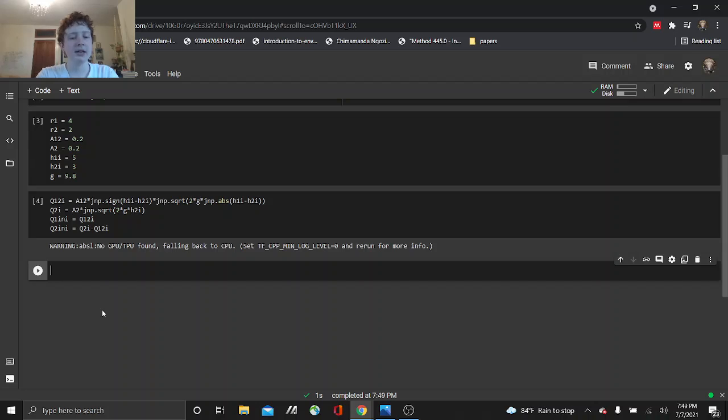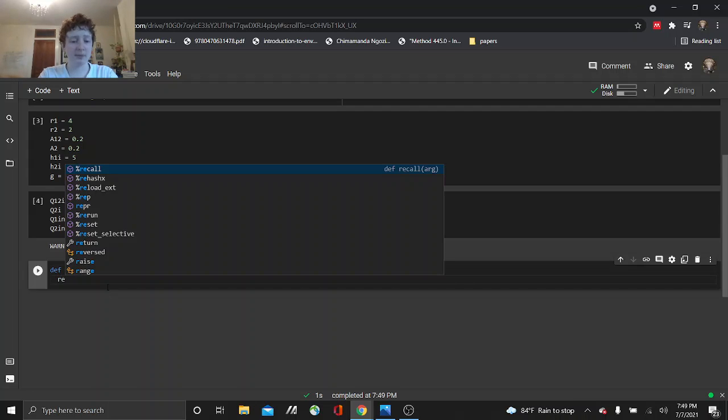Okie dokie. Now that we've got that information, I talked about how we were able to get the differential change in height with respect to time by dividing the differential change in volume of the spherical tank with respect to time. So let's go ahead and define that cross-sectional area of the tank so that we can easily plug it into some of the other equations we're going to be using.